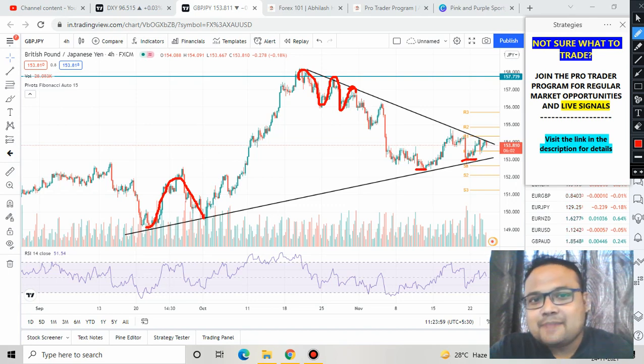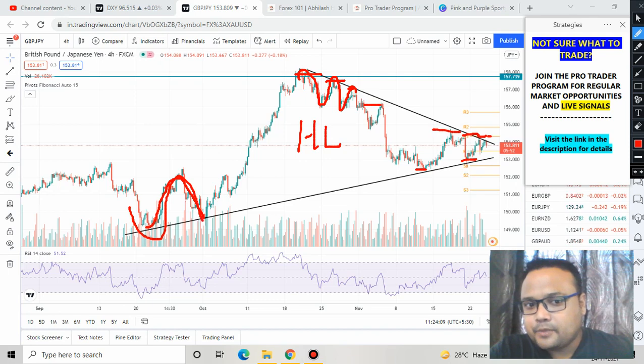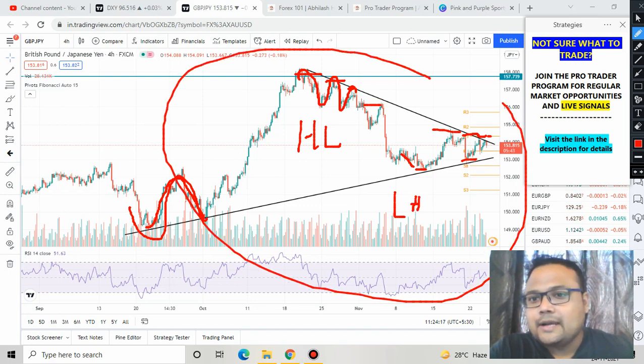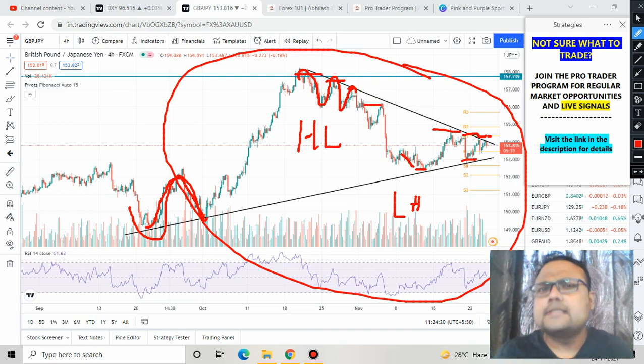Here you can see the market is unable to cross the previous high, so the market is forming higher lows here. Constantly the market is forming higher lows, and on the downside when the market is coming down, it is also not breaking the previous lows, rather it is forming lower highs. So whenever we get a scenario like this, it is considered a symmetrical triangle pattern, and generally it is considered a bullish triangle pattern.